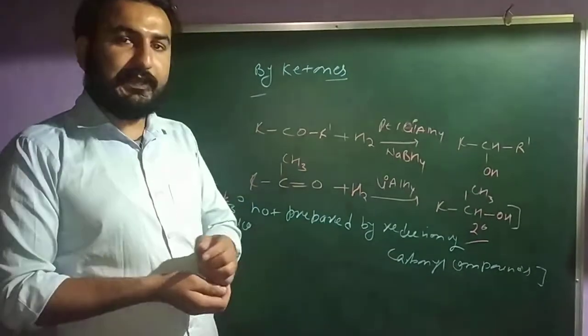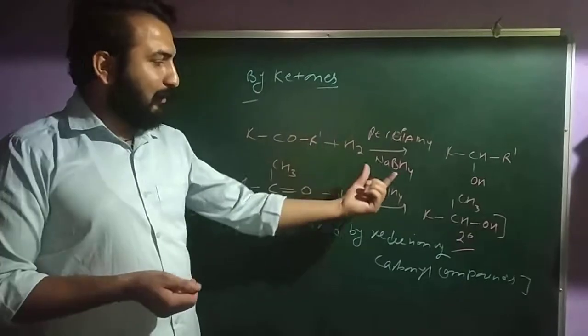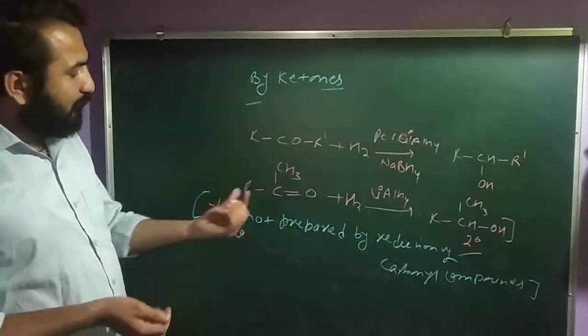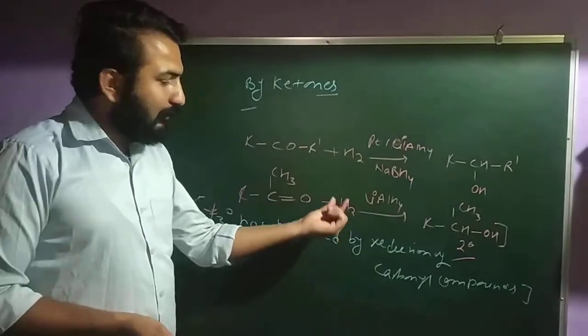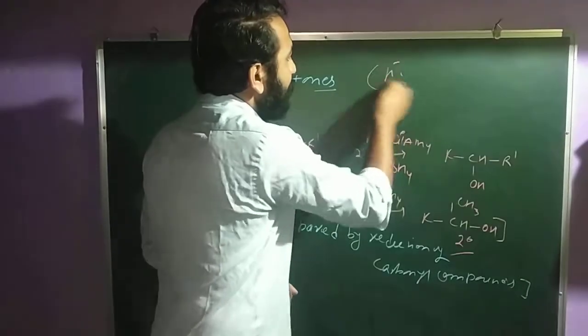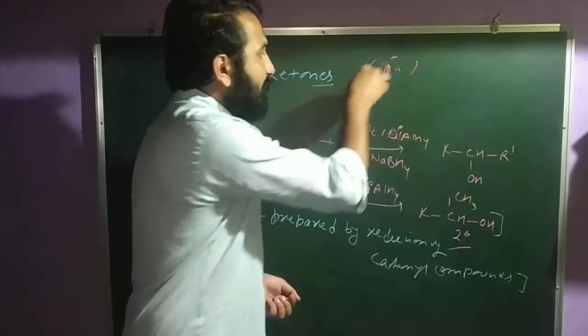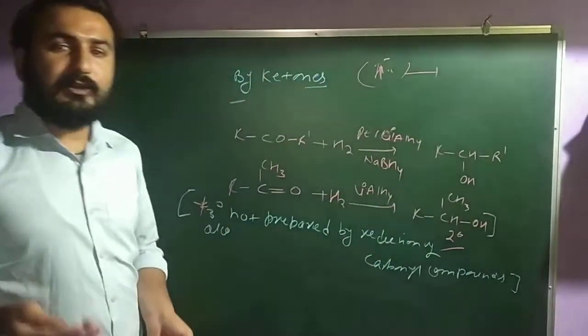So what is the mechanism involved in the reduction of this carbonyl compound into alcohol? You are seeing very clearly that the carbonyl compound is firstly attacked by the hydride ion, H negative, and then it becomes the alkoxide ion.